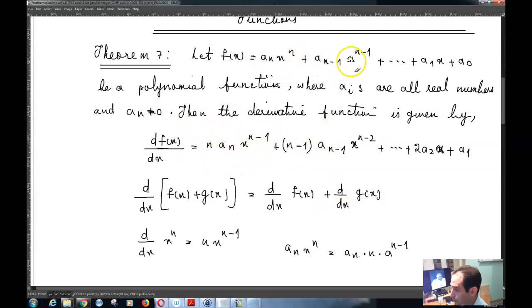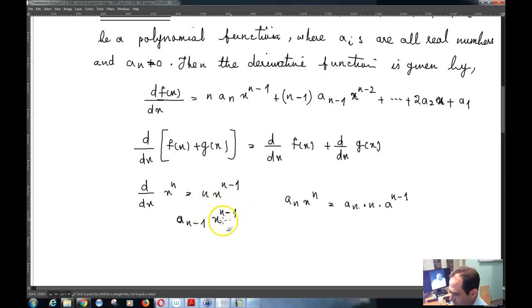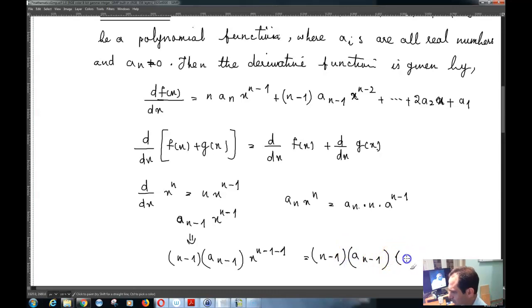The second term, a of n minus 1 x raised to the power n minus 1: this exponent comes over here, so the derivative becomes n minus 1 times a of n minus 1 times x raised to the power n minus 1 minus 1, which is the same thing as n minus 1 times a of n minus 1 times x raised to the power n minus 2, which is basically this thing over here.